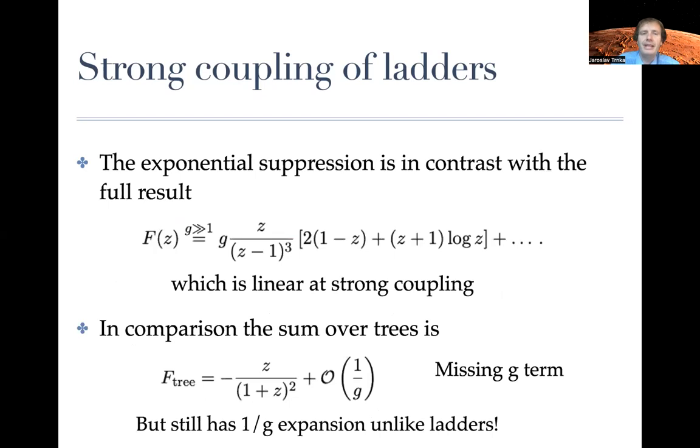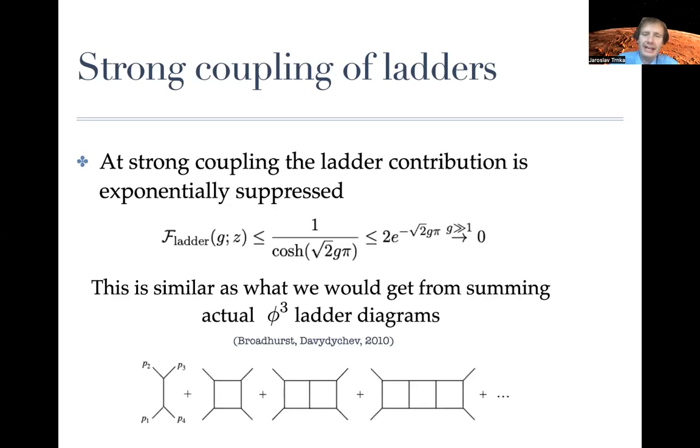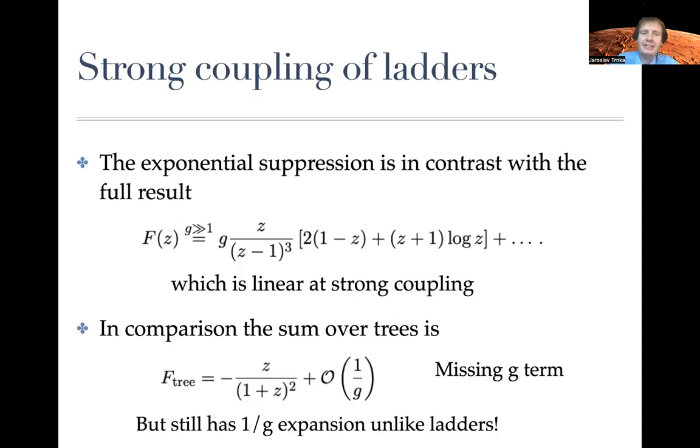Now, what is the actual behavior of this function f at strong coupling? It's linear in g at strong coupling. So unlike these ladders, which are exponentially suppressed, the actual function is linear in g. Now we can do this expansion with our f3, with our tree approximation, and we find that it's constant at strong coupling, but it has a 1/g expansion.